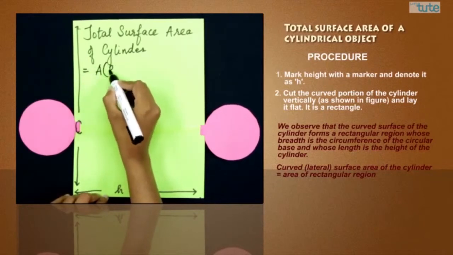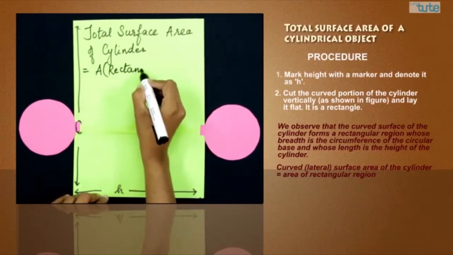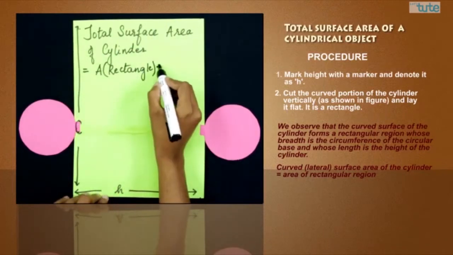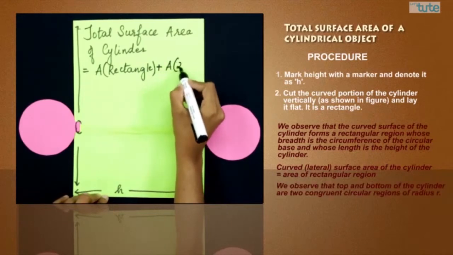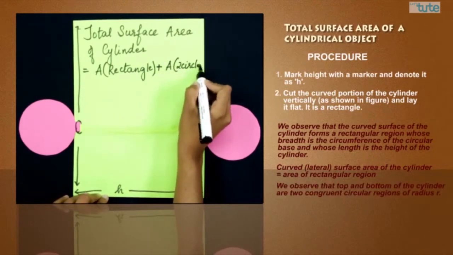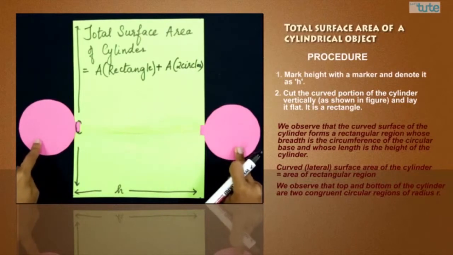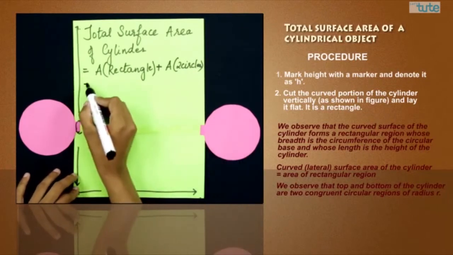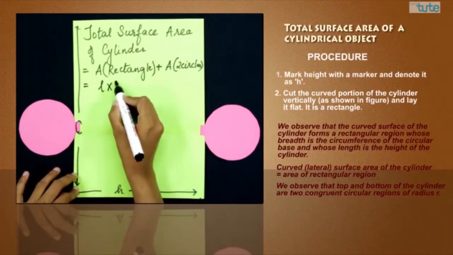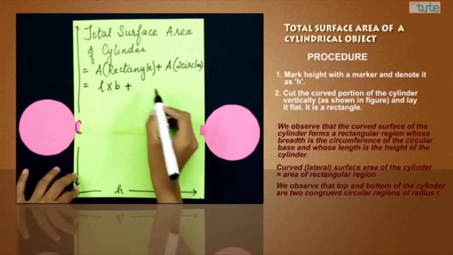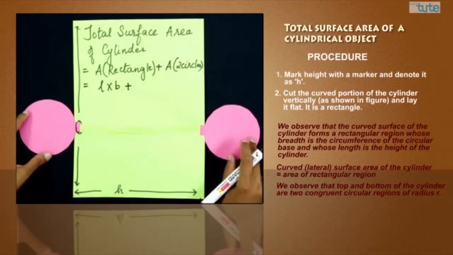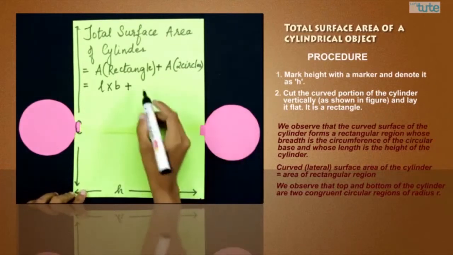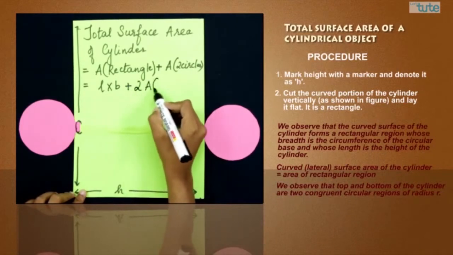First, the area of the rectangle, which is seen in green color here, plus the area of the two circles seen in pink, which lie exactly on the top and the bottom of the cylinder. Area of a rectangle, as we know, is given by the formula length into breadth. Plus, because the cylinder is regular, both these circles will have equal area. Therefore, the area of two circles would be twice the area of one of these circles.